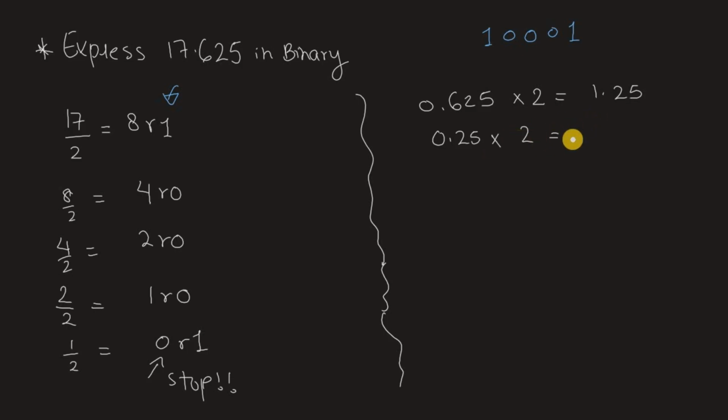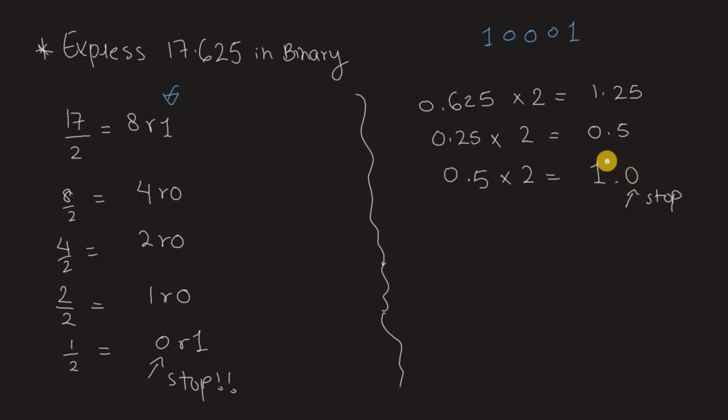We're going to repeat the same process until we get a 0 over here, or we get a whole number without any decimal. So 0.5 times 2, now we get a whole number, 1.0. If you want, you can write it like this, and now we get a 0 over here, so we can finally stop. For the whole number, we stop if it's 0 on this side, but here we stop if it's 0 on this side.